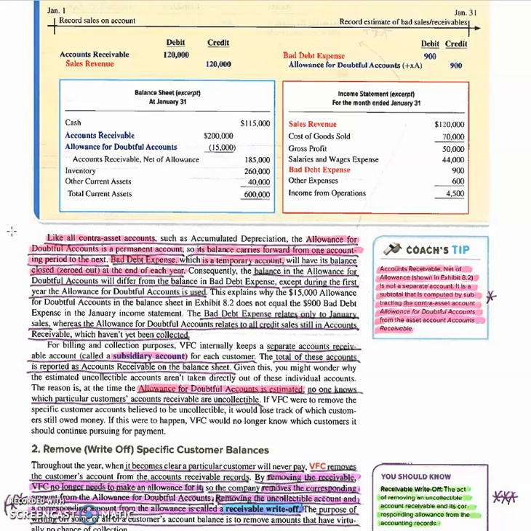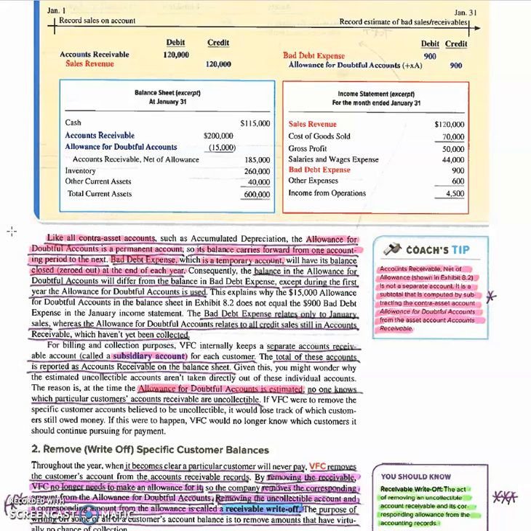So we want to make sure there's equality there. So when we debit bad debt expense, we set up an allowance. And then to get the balance that shows on the balance sheet, we take the accounts receivable account and subtract any credit balance in the allowance for doubtful accounts account.